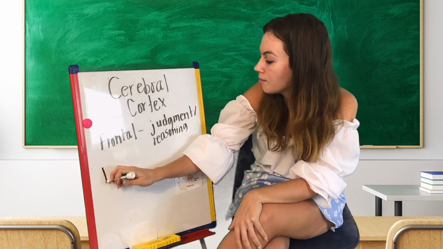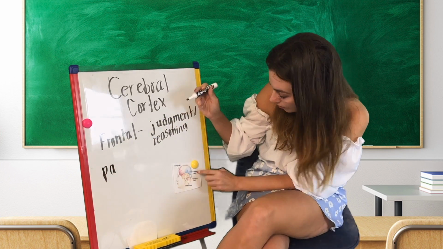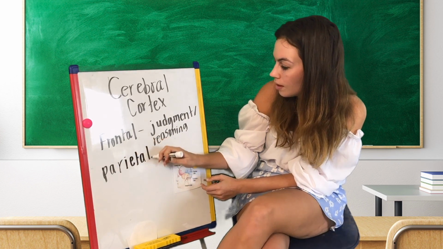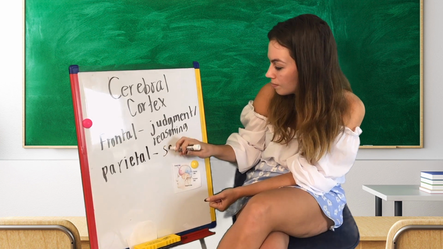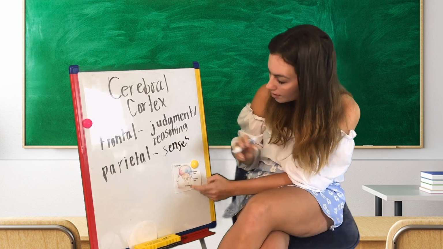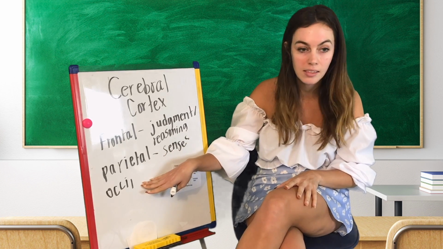Okay, so we've got the frontal lobe, judgment and reasoning. Then we have the next one, which is right here, the parietal lobe. Sorry if I'm saying that incorrect. And what that does is it helps with senses. You can see it's back here. So we have the frontal, parietal, and occipital lobe.